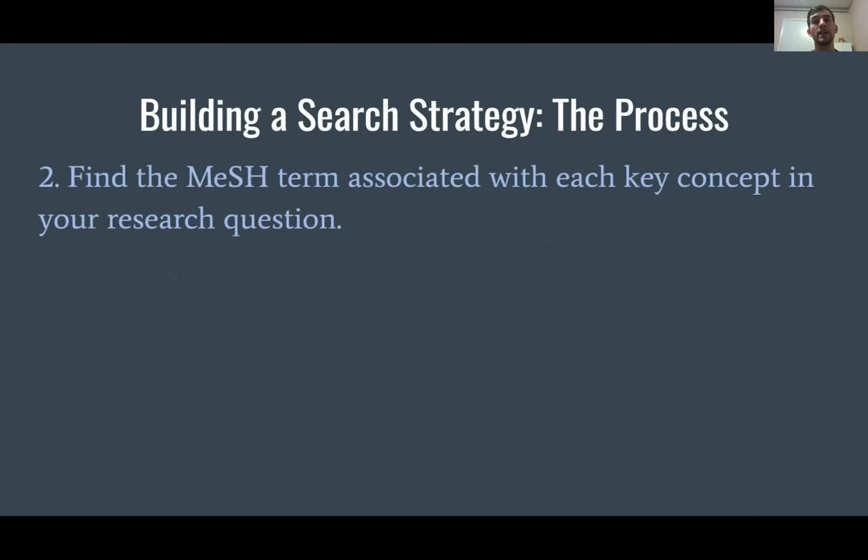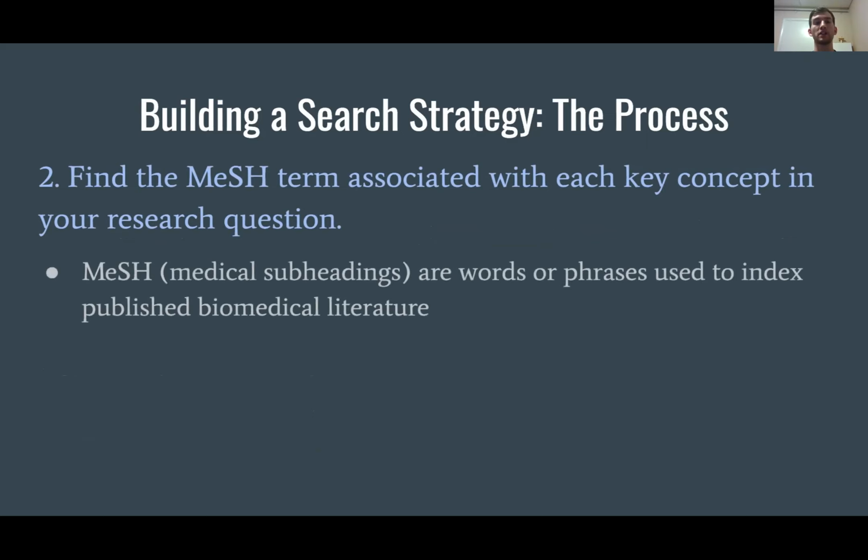So now that we have our key concepts nailed down, the next step is to look for MeSH terms that are associated with each of these key concepts in our research question. For anyone who's not familiar with MeSH terms, MeSH stands for Medical Subject Headings, and it's essentially a word or phrase that PubMed in particular uses to index their literature and all their published articles.